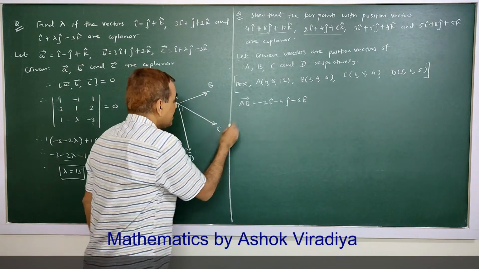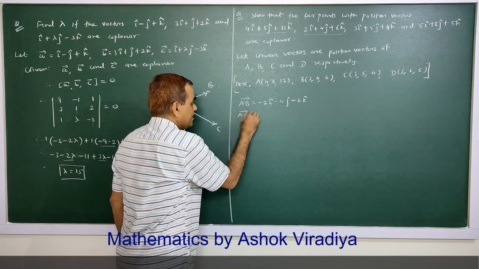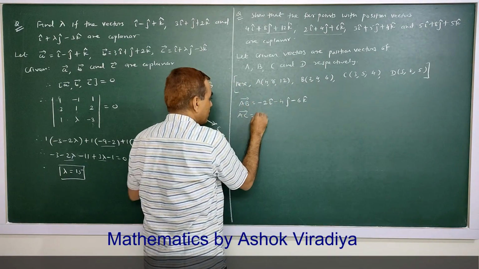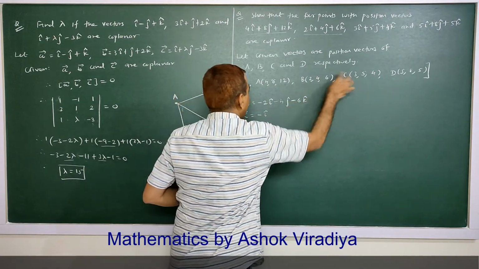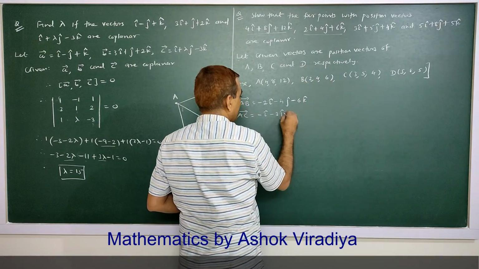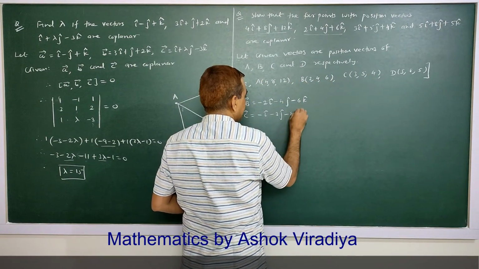Similarly, vector AC. So 3 minus 4 is minus 1I, 5 minus 8 is minus 3J, 4 minus 12 is minus 8K.